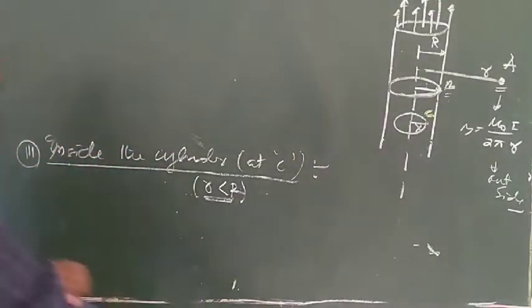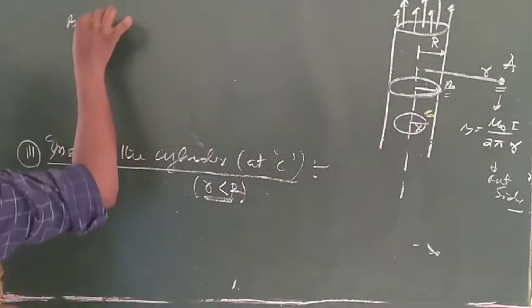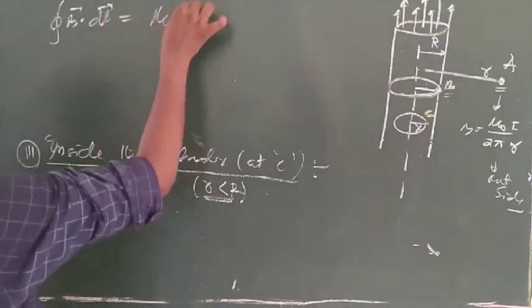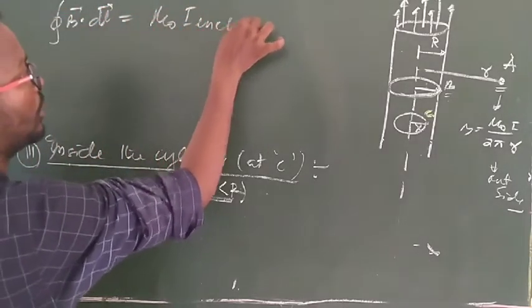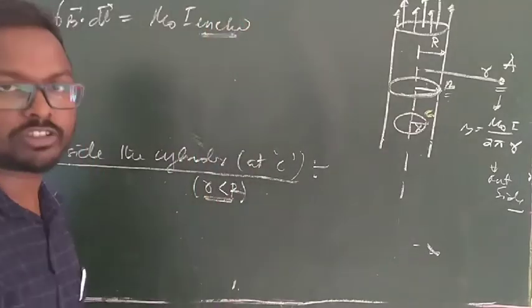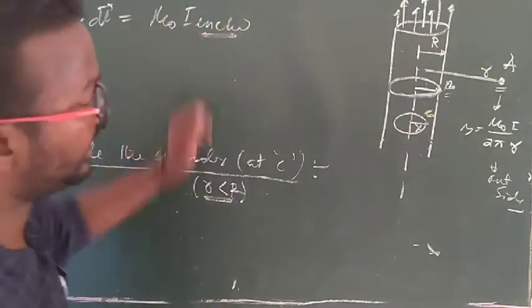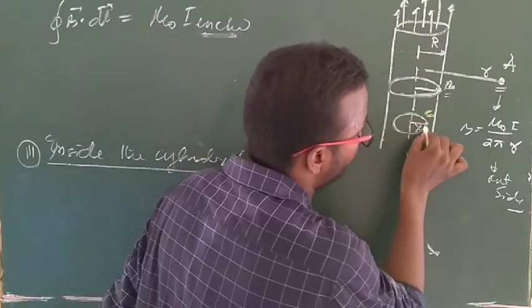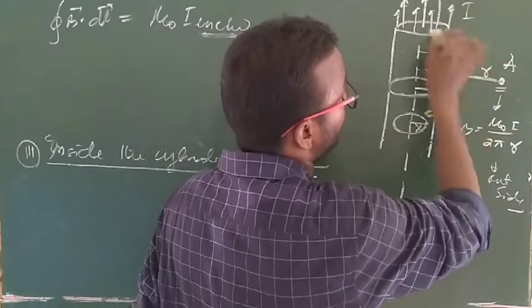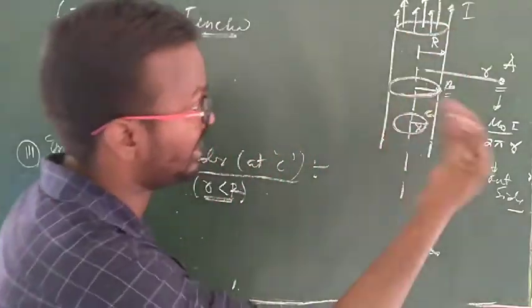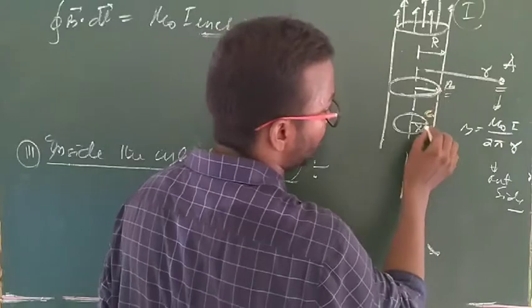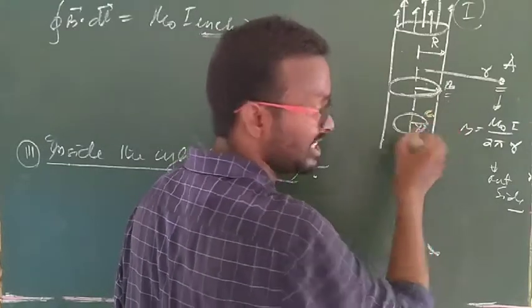Now we have to use Ampere's circuital law, that is the closed integral of B dot dl equals mu naught times I enclosed. What is I enclosed? I enclosed means the total current within the Amperian loop. Here the total current within the loop is not the total current I, because point C is inside.